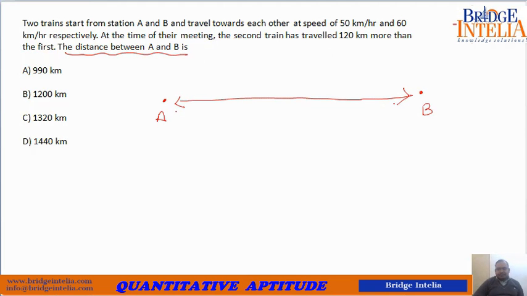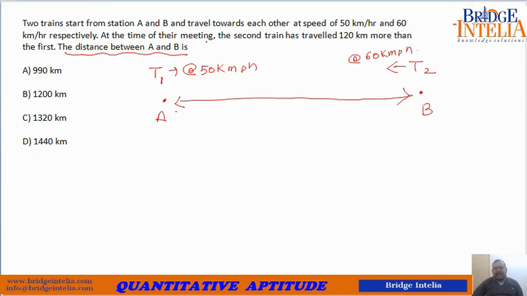What do we know? At the time the two trains start, their speed is also known. So train 1 is traveling at a speed of 50 kilometers per hour. Train 2 is traveling at a speed of 60 kilometers per hour.